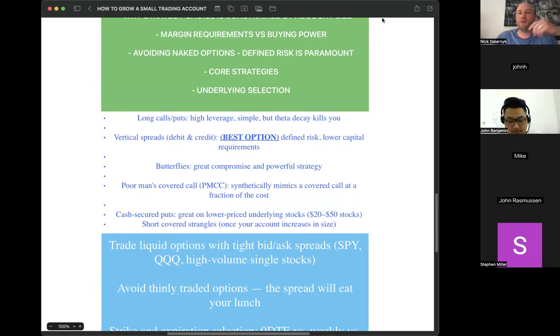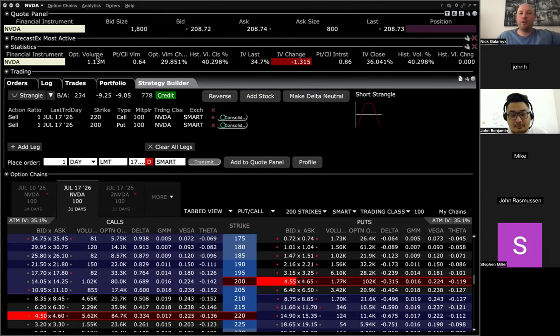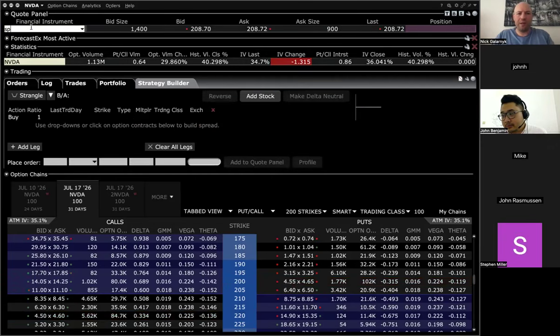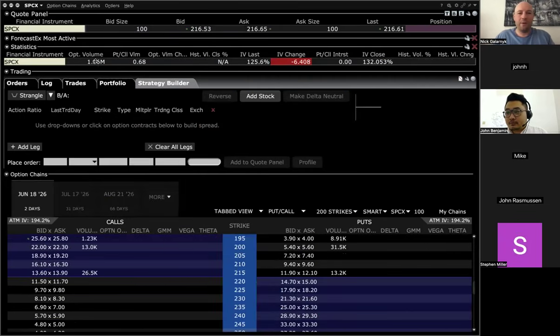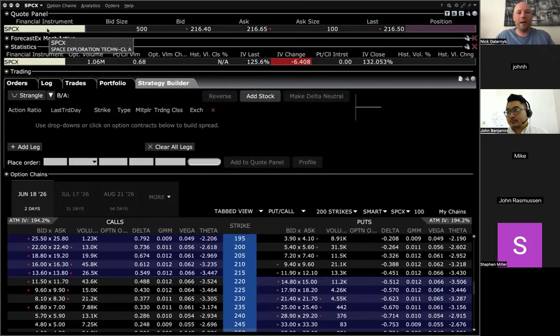An easy way to gauge this is that the average daily volume a stock trades on a given day correlates heavily with the amount of volume each day on the option chain. For example, NVIDIA today has already traded 1.13 million contracts in one single day. SpaceX has traded a crazy amount of contracts today too, about 1 million as well, right? Microsoft, for example.